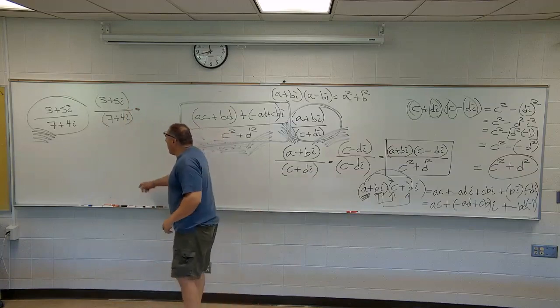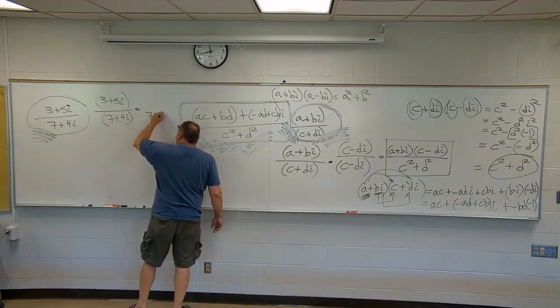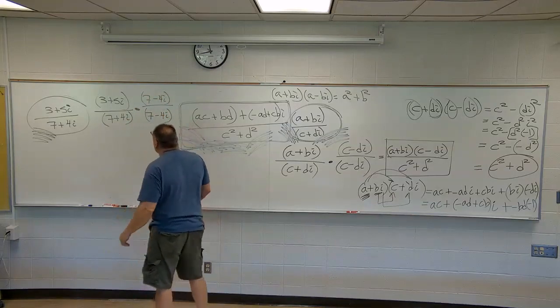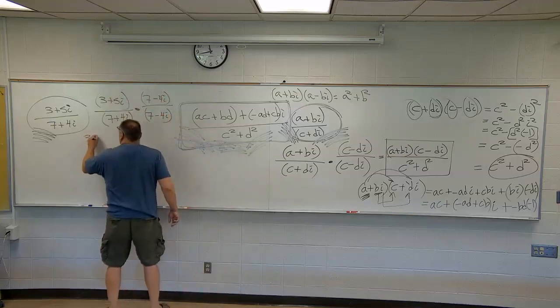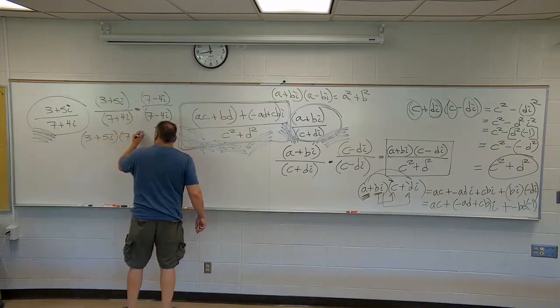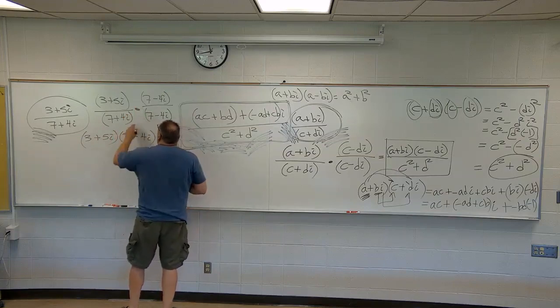Let's multiply by a special one involving the complex conjugate of 7 plus 4i. Multiply this across, and then multiply this.